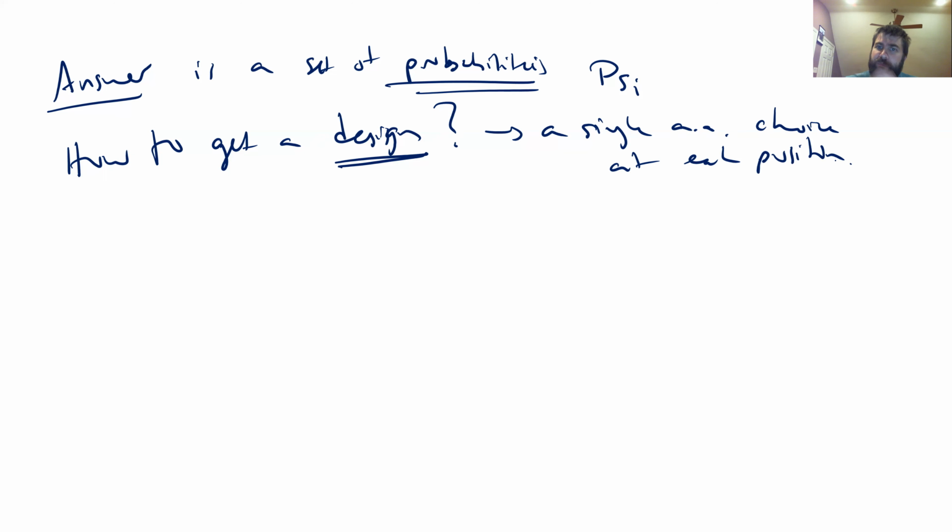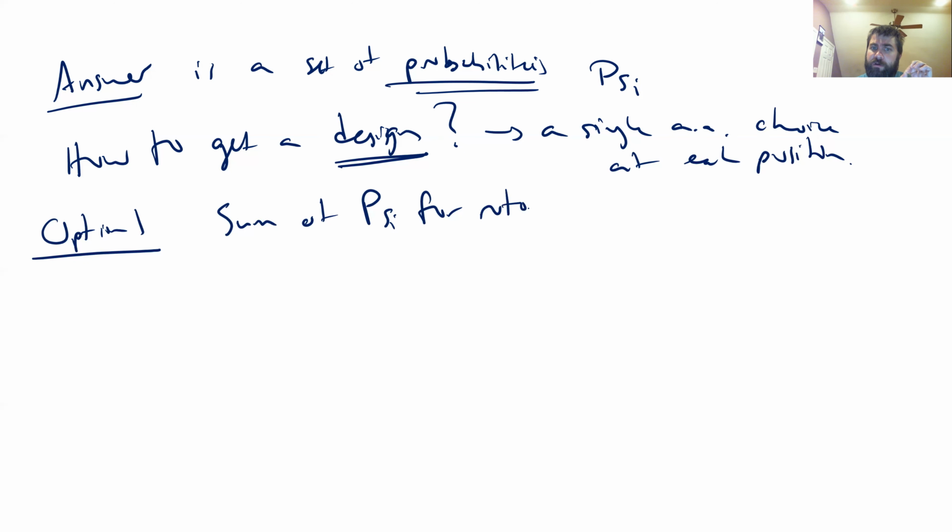There really are two possibilities. Option 1, we simply take the sum of P(S_i) for rotamers of the same amino acid at each position.